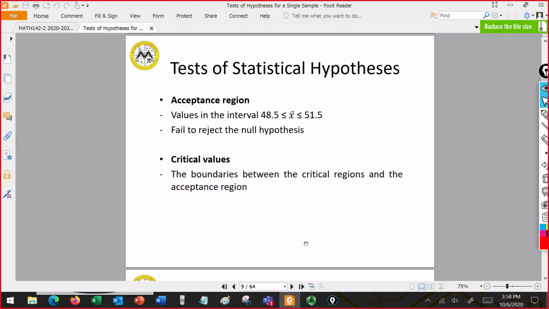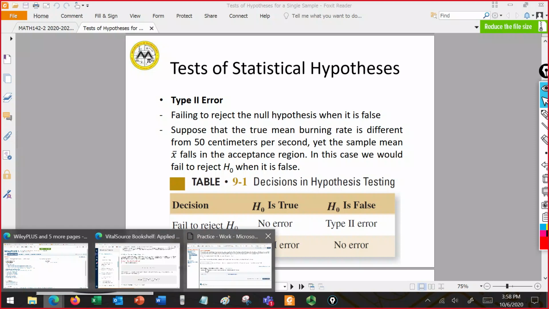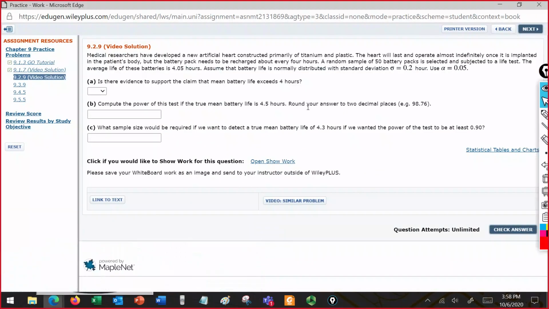Alright? So, yun yung nangyayari sa dulo, yung decision natin, reject H0 or fail to reject H0. So those steps will be used just to answer part A, yes or no. Alright?